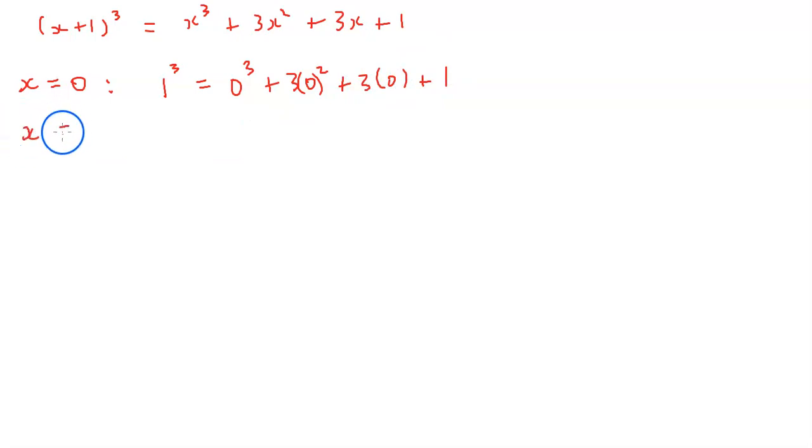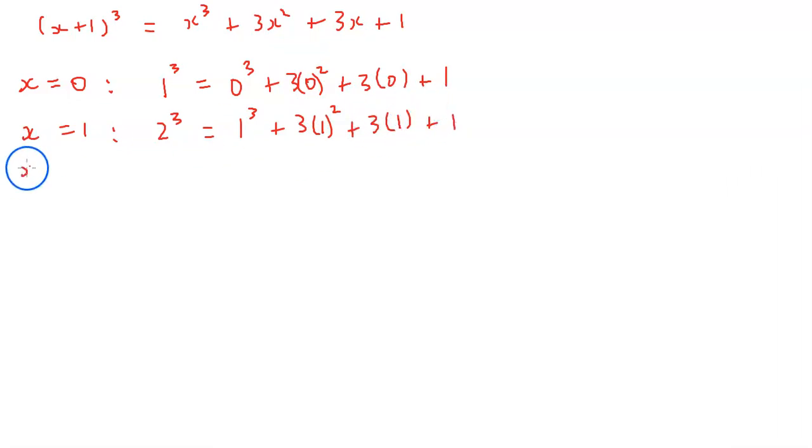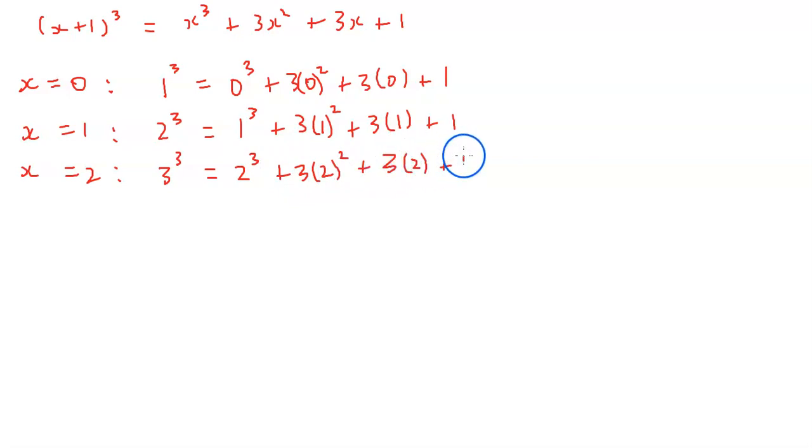Okay, x equals 1. That will give us 1 plus 1 makes 2. So 2 cubed is equal to 1 cubed plus 3 times 1 squared plus 3 times 1 plus 1. And then x is equal to 2 gives us 3 cubed is equal to 2 cubed plus 3 times 2 squared plus 3 times 2 plus 1.